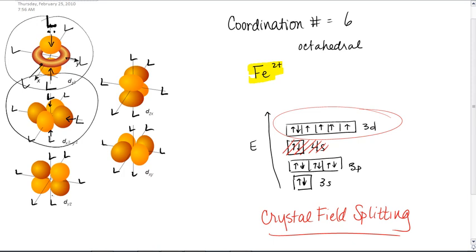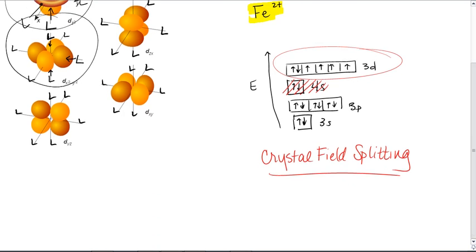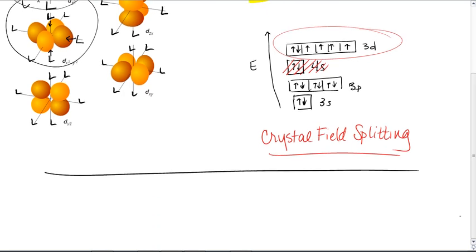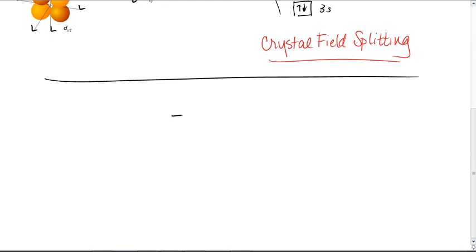So the idea here is that when the ligand has to overcome repulsion, and that d orbital is experiencing repulsion, the d orbital actually increases in energy. So here's what happens. Normally, the d orbitals, we would consider them to be all at the same energy. So these are the 3d for iron.